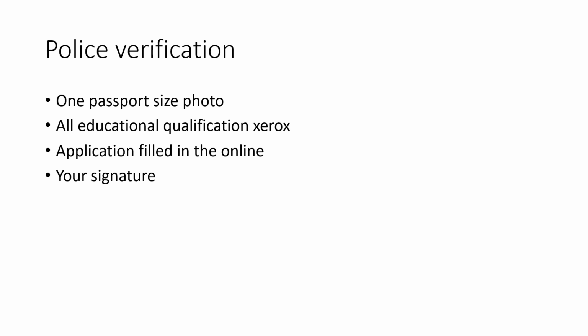Once you complete the verification process at RPO, the next step is police verification. Generally the next day, the immediate next day, you will get a call from a police station or the concerned police officer. It will take only one day.